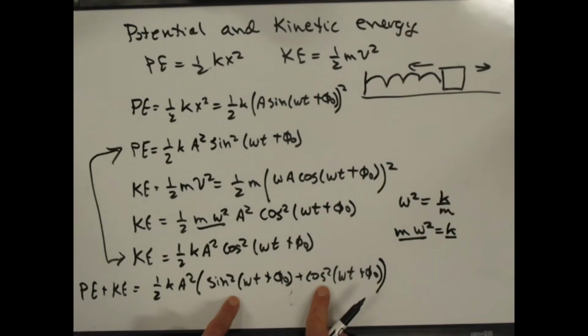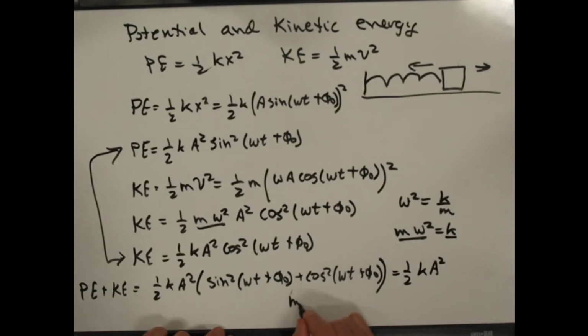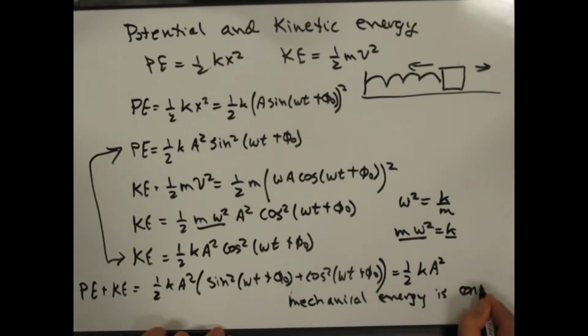These two terms, sine squared plus cosine squared, are the same thing. It's just 1. Or just 1/2 k A squared. So the mechanical energy is constant.